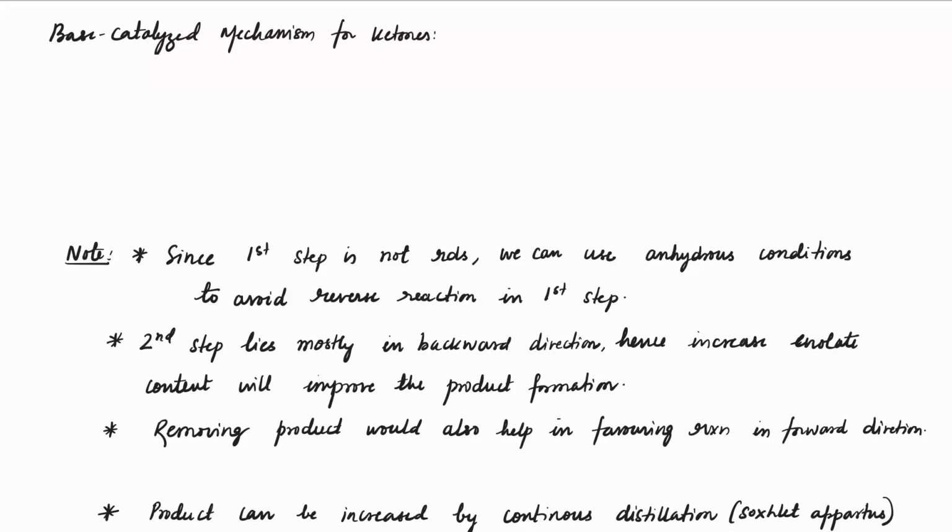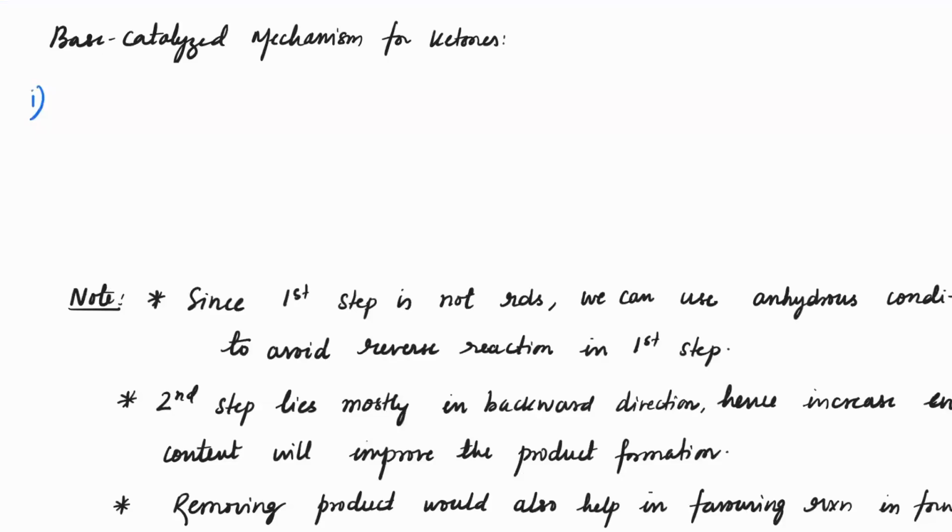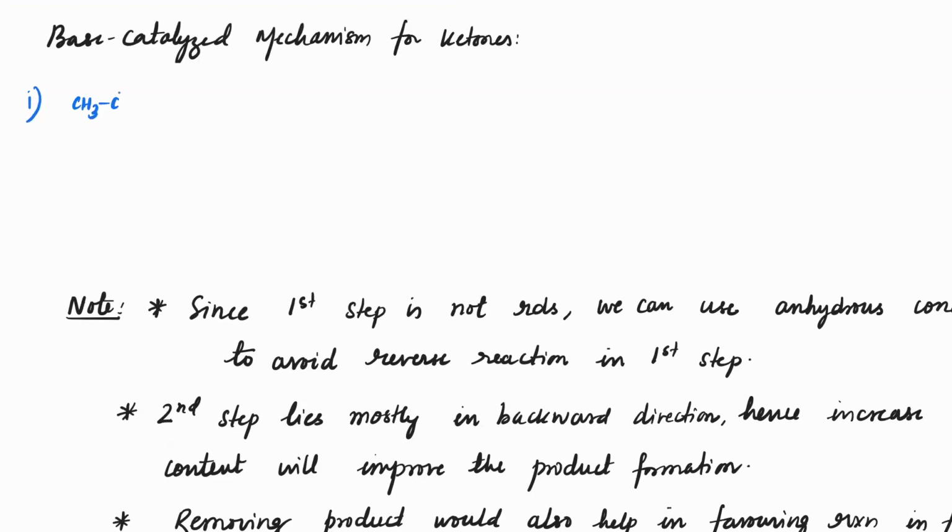Let's see how the reaction works in the case of a ketone. In the first step, we have CH3 C double bond O CH3 reacting with OH minus. It will take H plus and convert into an enolate ion, CH3C double bond O CH2 minus, and that enolate ion will react with the next molecule, CH3 C double bond O CH3.